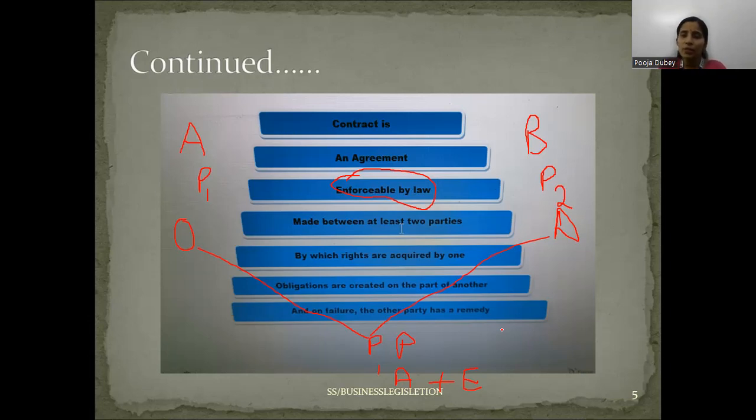This is a kind of agreement which is enforceable by law. Enforceable by law means there are some essential elements which need to be fulfilled, then an agreement will be said to be a contract, because it is enforceable by law. But where the enforceability by law is missing, like in social agreements, an agreement cannot be said to be a contract.